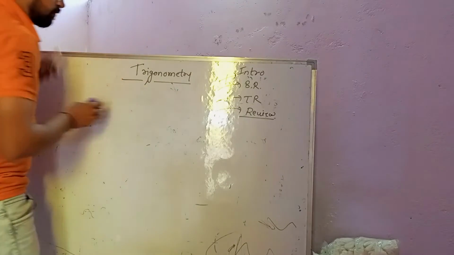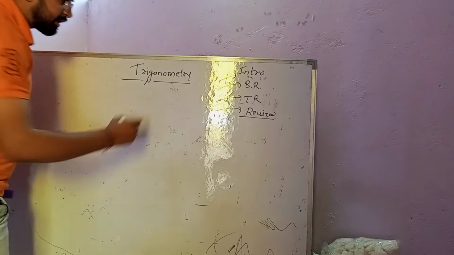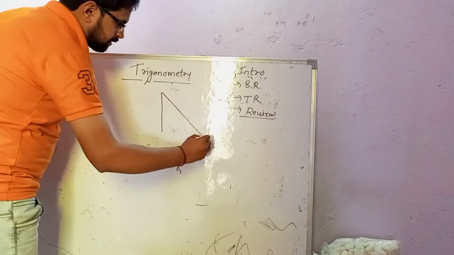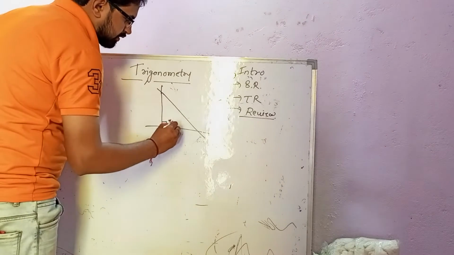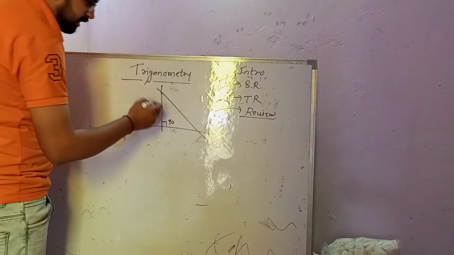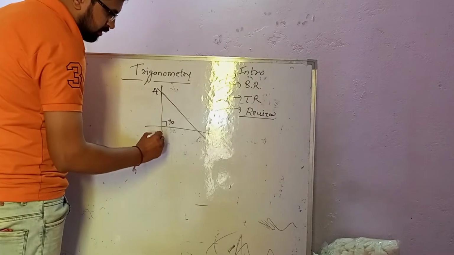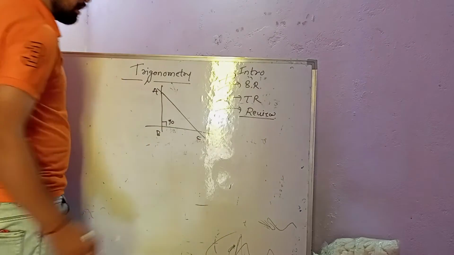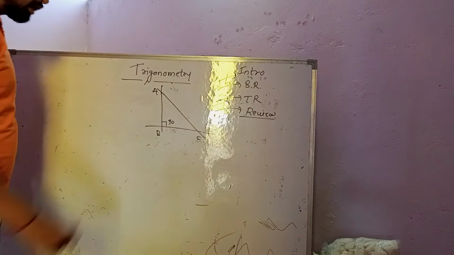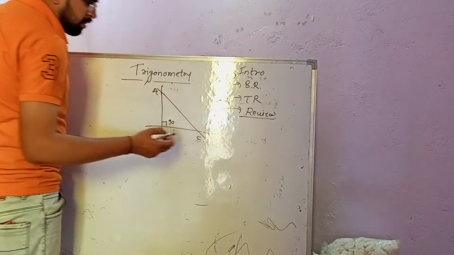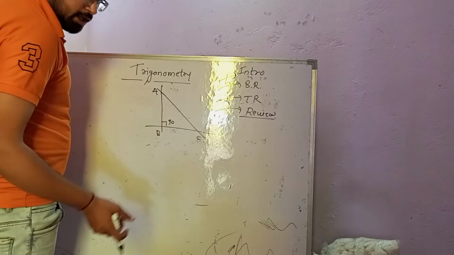Okay, let me draw one right angle triangle. Suppose this one you are taking as 90 degrees. Let's name all points A, B, C. So you can say that this particular triangle ABC is right angled at B. By declaring this 90 degrees, what are we getting?